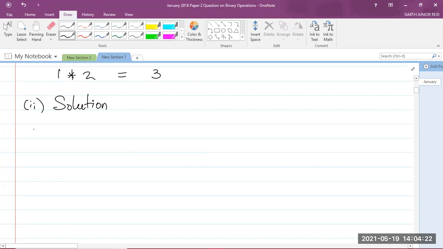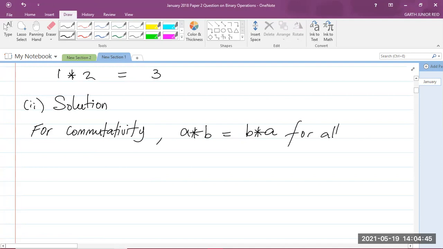Let's write a statement for commutativity. For star to be commutative, it means A star B is equal to B star A, for all A and B which are real numbers. Remember, we're dealing with real numbers here.